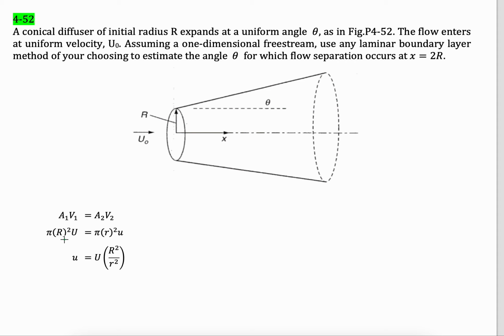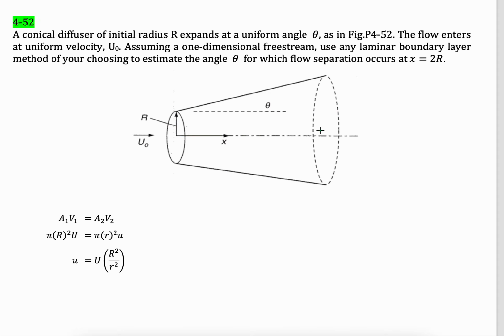Because the outlet is expanding, we use small r for point 2. Then small u, the velocity at the second point, can be written as capital U, the free stream velocity, times r square divided by small r square.